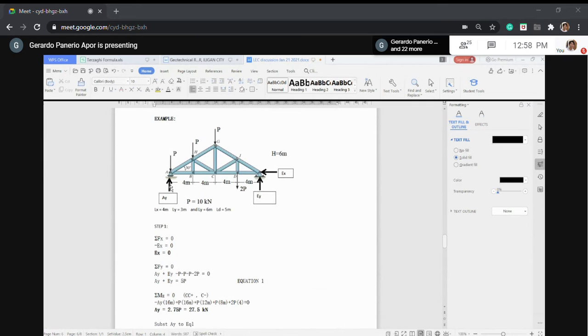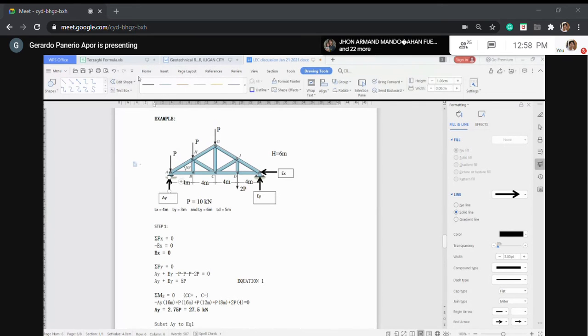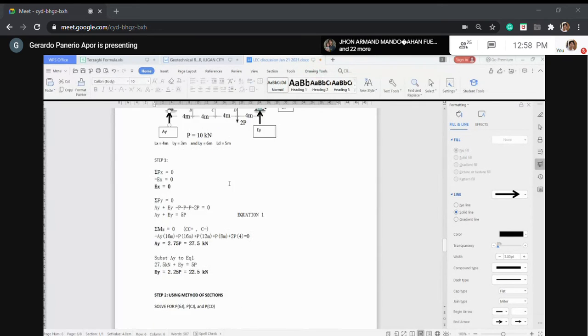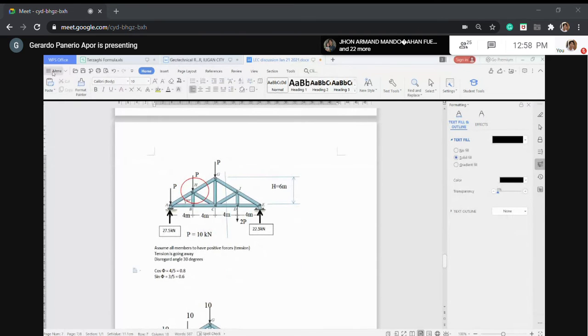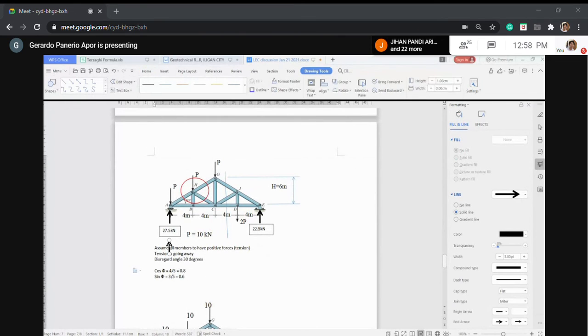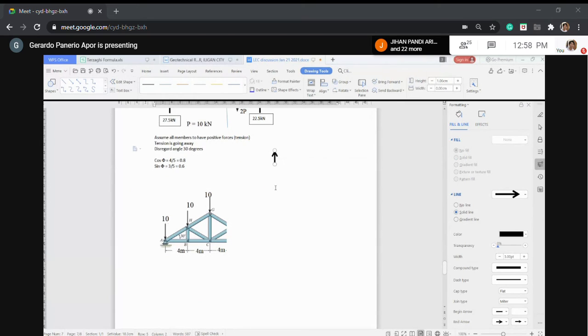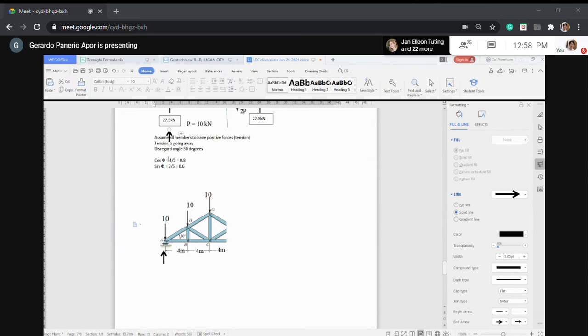I will just copy that one and paste it here. So I will still have here the 27.5, and then paste again, I will have this load. I put it here and then paste again.